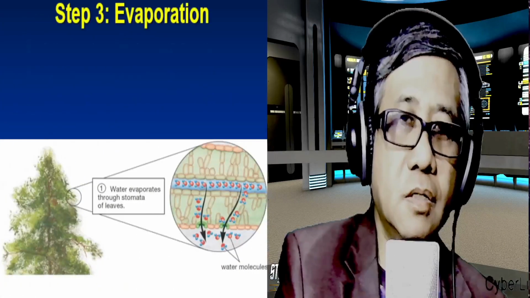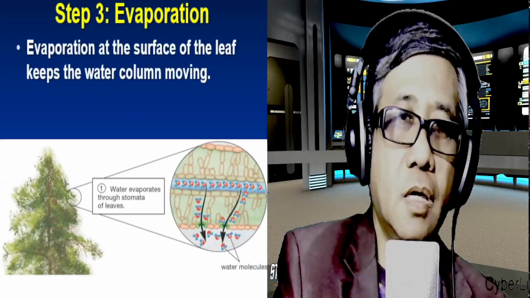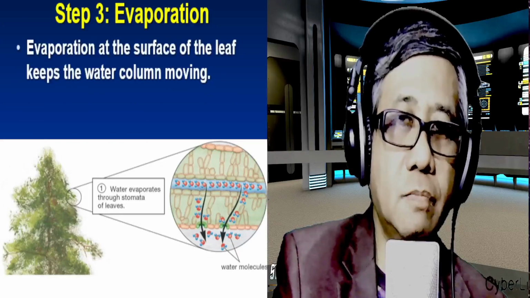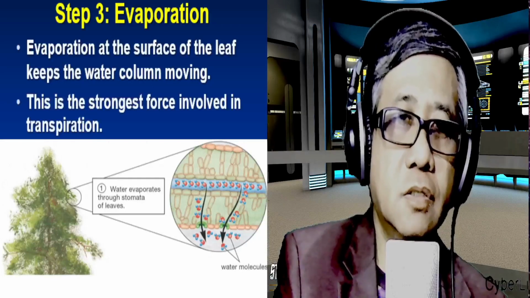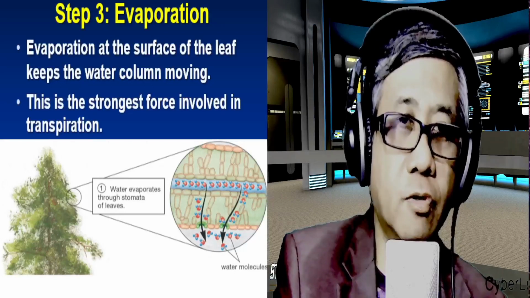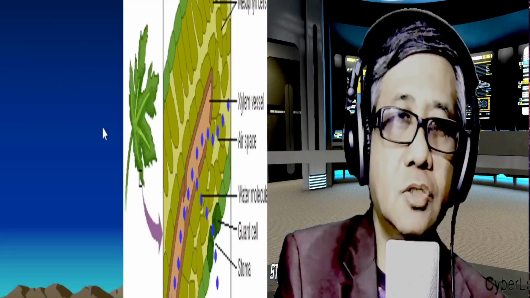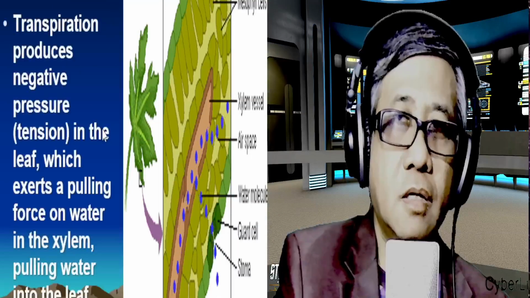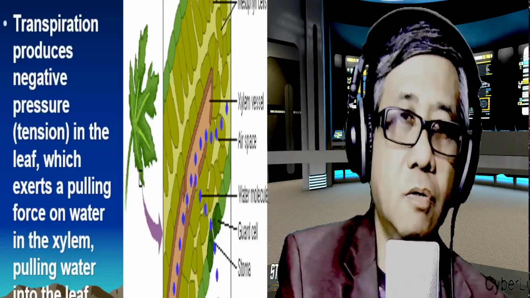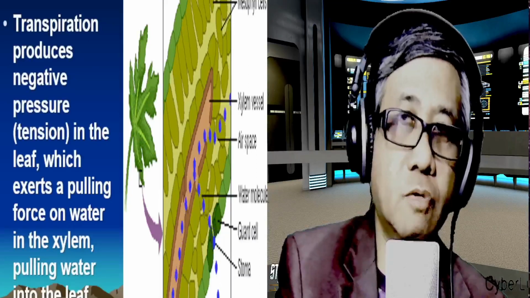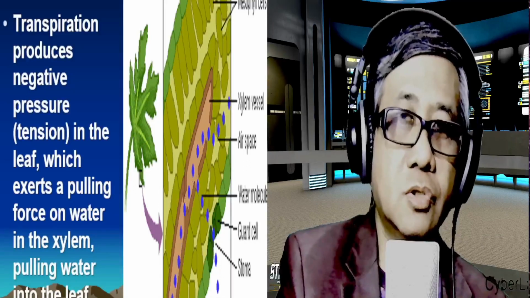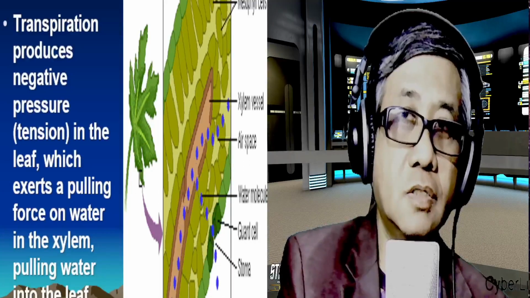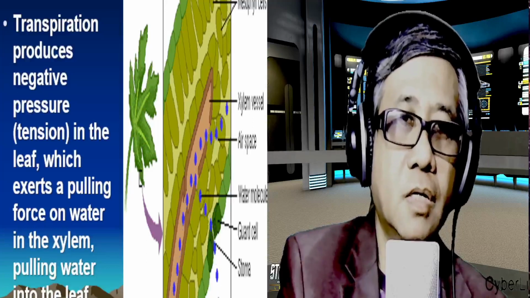Step 3 is evaporation. And evaporation at the surface of the leaf keeps the water column moving, as we mentioned earlier. This is the strongest force involved in transpiration. And as we learned a while ago, transpiration, the evaporation of water from the leaf, produces negative pressure. So there's a decrease in pressure inside the leaf and in the xylem.